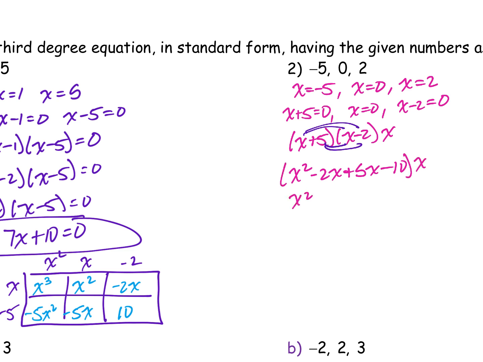So x squared plus 3x minus 10 all times x. So that gives me x cubed plus 3x squared minus 10x equals 0. So that one's a little easier multiplication because that third one's not a binomial, it's just a monomial, so it makes it a little easier to multiply out.